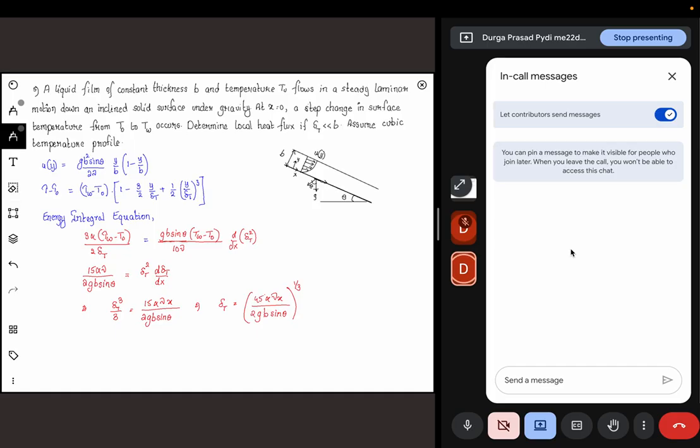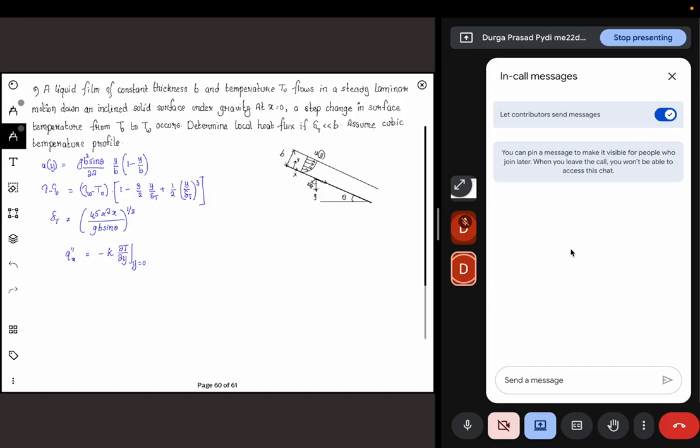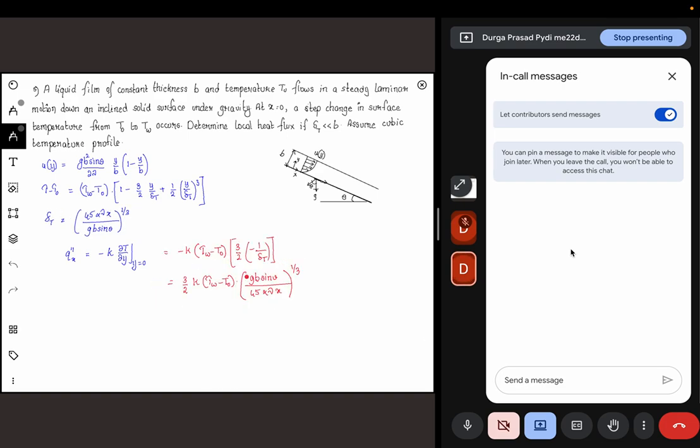This will give me an expression for delta T. Once I have the expression for delta T, how do I calculate the local heat flux? Yes, we already know how to calculate local heat flux, minus K times del T del y at y equal to 0. And we already know the temperature profile. So if you substitute that, that will give me this particular term here. And we substitute the expression for delta T, 2 G B sine theta by 45 alpha nu.